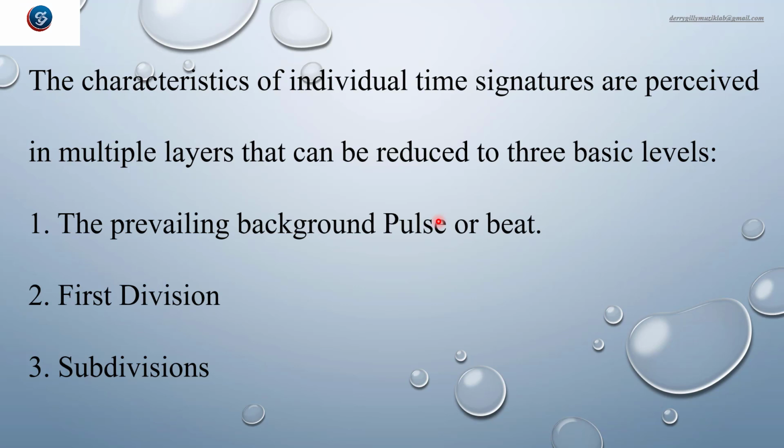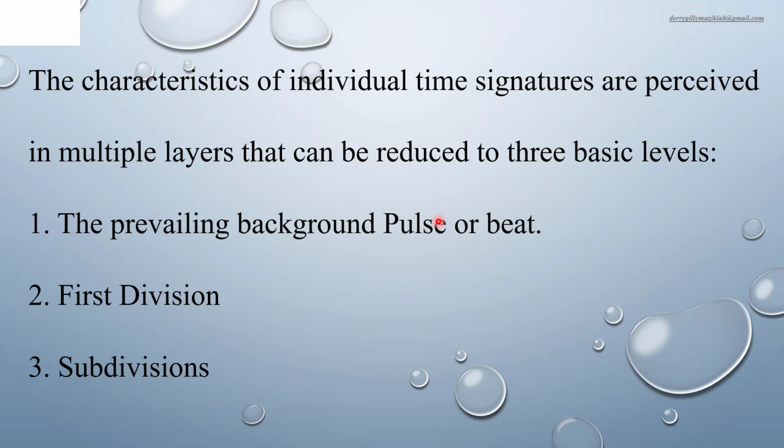And then we can also say that the characteristics of individual time signatures are perceived in multiple layers that can be reduced to three basic levels. As we said, the prevailing background pulse or beats, the first division, and then the subdivision. For every time signature that you have, it is being perceived in multiple layers, grouped into three basic levels.